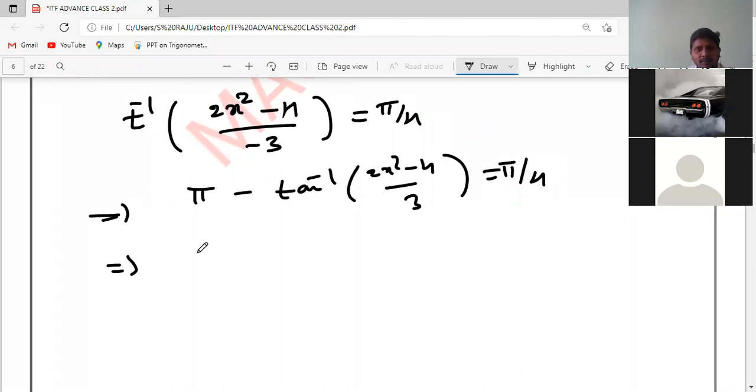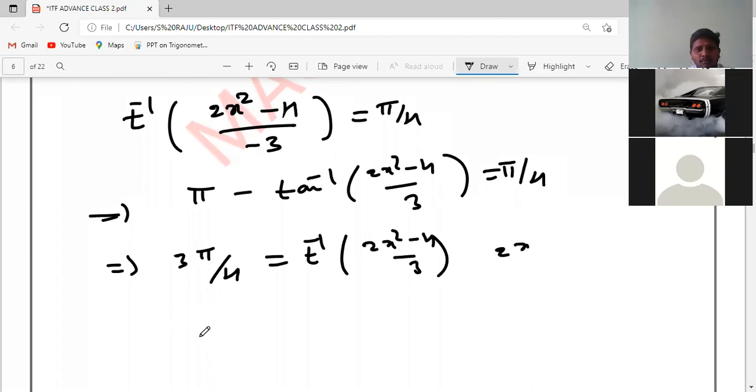Because negative value is there, this tan inverse I want to take to the right side, pi by 4 I want to take to the left side. So pi minus pi by 4, students, that is 3 pi by 4. Directly we can write 3 pi by 4 is equal to tan inverse of 2x square minus 4 by 3. Take tan inverse to the left side.